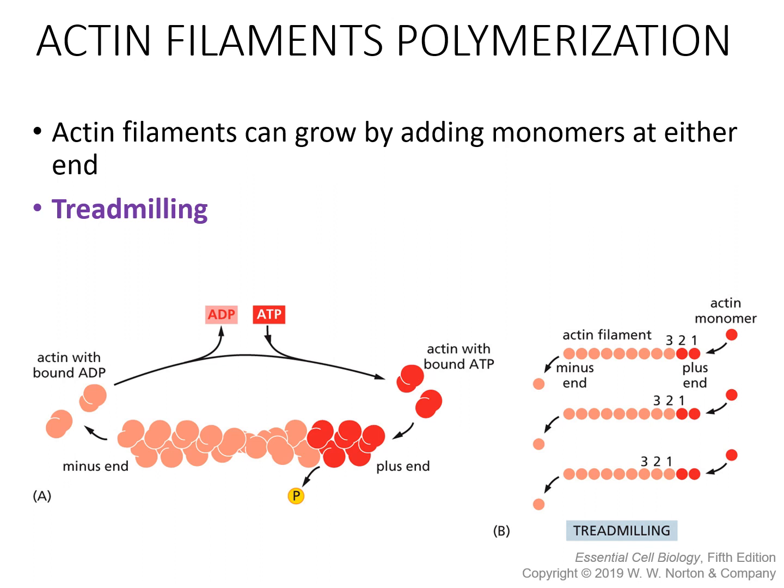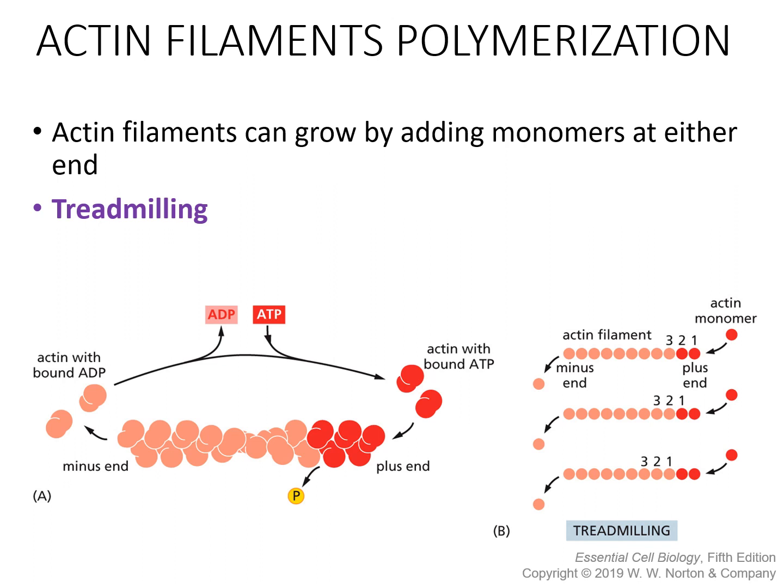When the ATP is hydrolyzed, the stability of the polymer reduces. Like I mentioned, actin monomers can bind at both the plus and the minus end, but growth is faster at the plus end compared to the minus end.